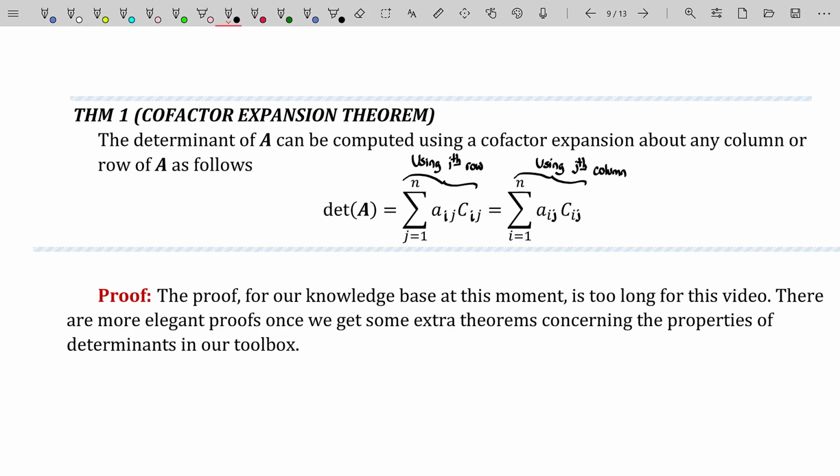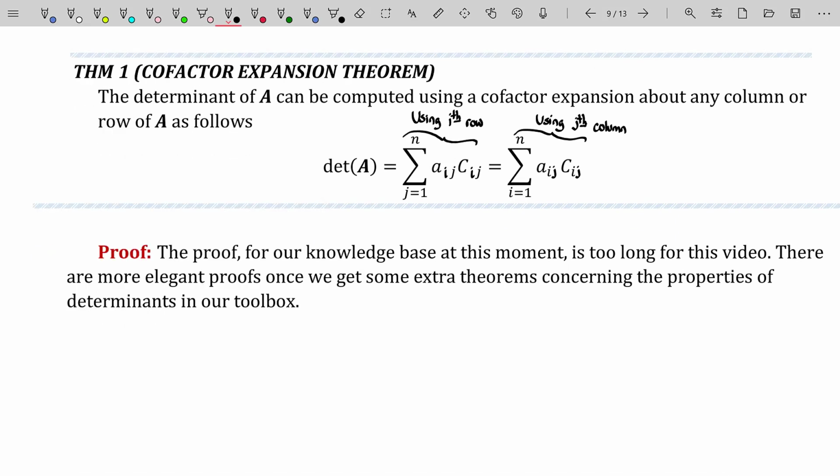But I do want to mention beforehand, the proof for our knowledge base at this moment is too long for this video. Just using only our current knowledge base, it would take several pages, and I just don't think that'd be worthwhile. There are more elegant proofs that we can have once we have extra theorems in our toolbox.